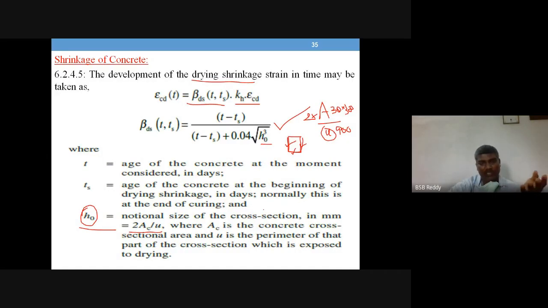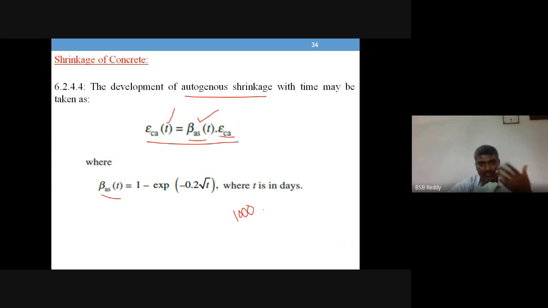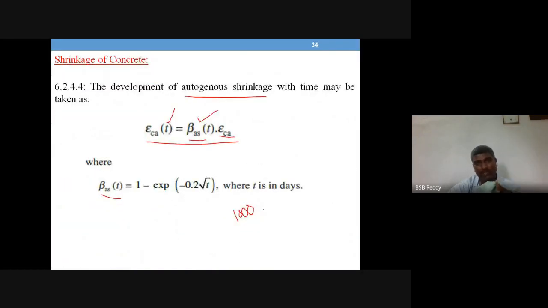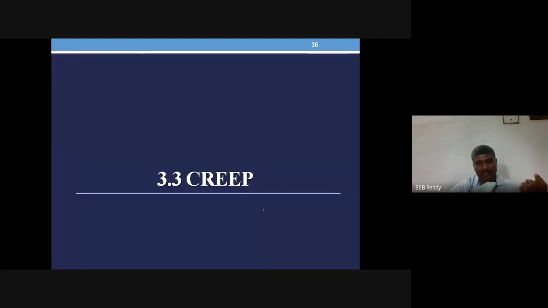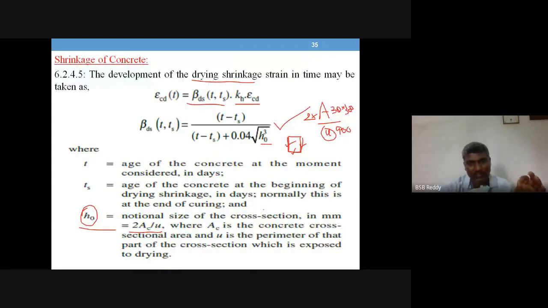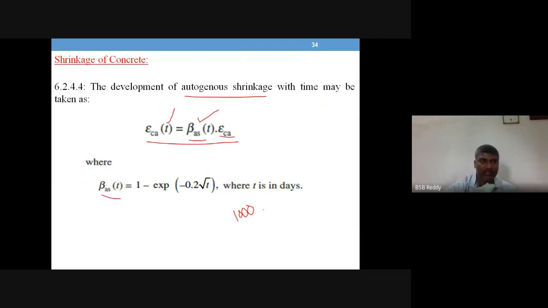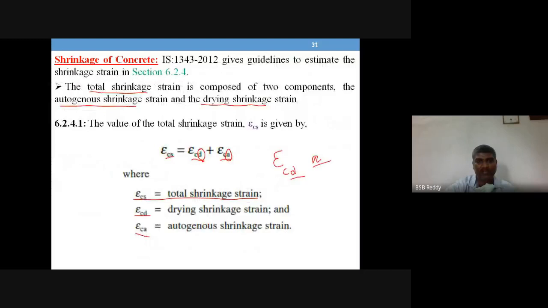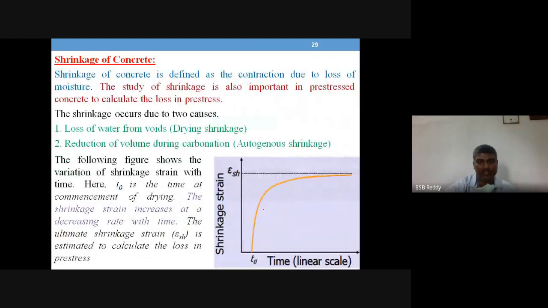If you are interested in final values, there are final values available directly, or even at a particular time, if you want, you can estimate. Okay, so this is today's lecture on shrinkage of concrete: how to estimate in detail, what factors are influencing the shrinkage of concrete, and what all types of shrinkages you have in estimating total values, right?